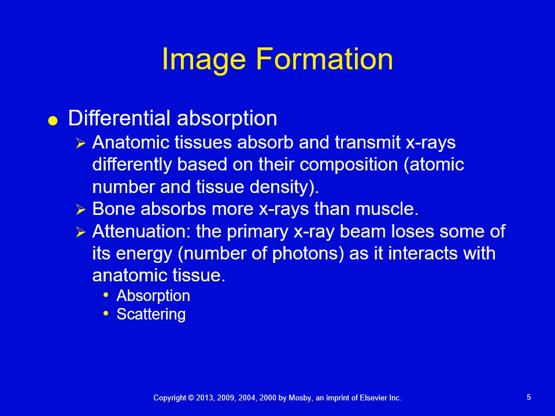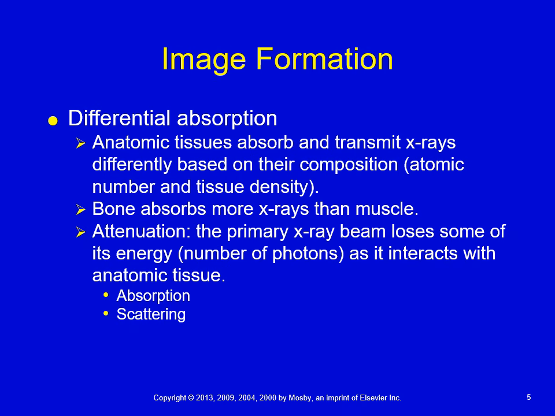So again, those that absorb will create white areas or lighter shades on our X-ray image, and those that allow the beam to readily go through, let's say you're looking at a chest X-ray, are going to create the darker densities, like the dark shades of gray and also the black on your images.